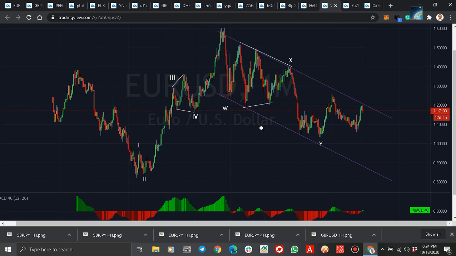Euro USD, this is a weekly chart. We don't have much to do on the weekly chart, but all we have here is that this is wave 1, 2, 3, 4, 5, a 5 wave impulse, and the correction has either ended or is still going on. This is W. X is a triangle, A, B, C, D, E. I forgot to label it, but no problem.